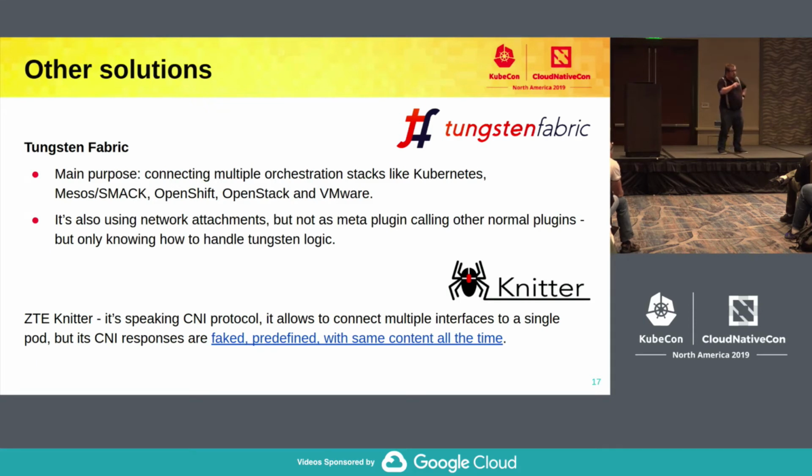And like CNI-Genie, it has a way to configure your networking using its custom annotation, but it also has a possibility to leverage network attachments. But it's not a multiplexer. It does the job in its own way. It's not calling different underlying CNI plugins. It's doing the job on its own.